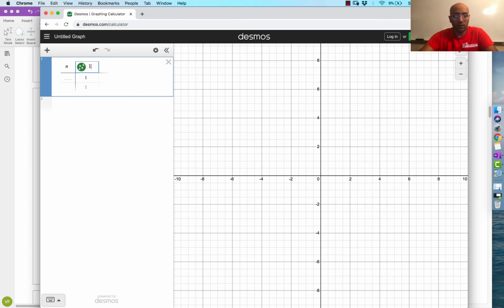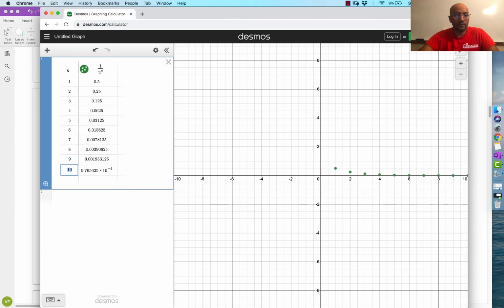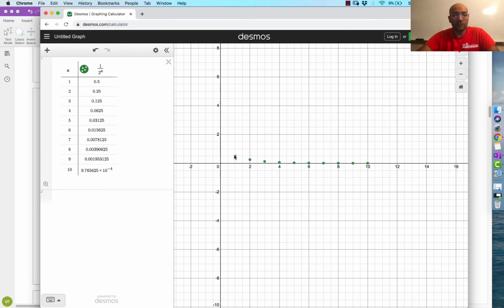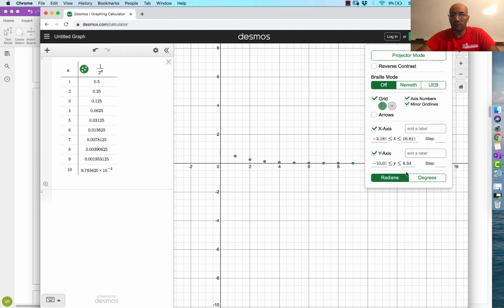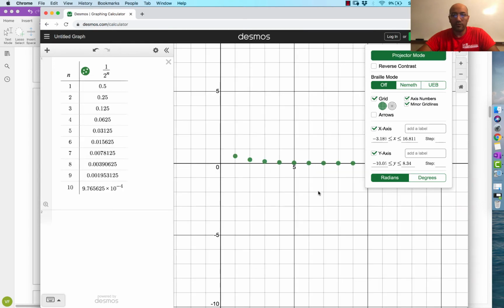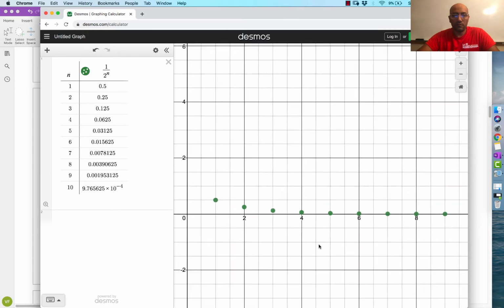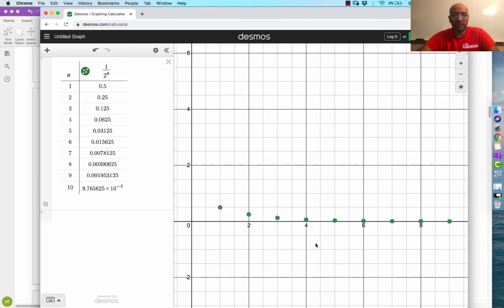And we have 1 divided by 2 to the n power. Here's the first 10 of them. Okay, so these are the values in my sequence. Let's make this a little more visible, we're in projector mode.